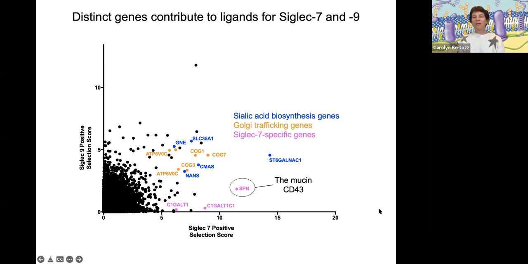And there was one glycoprotein that really stood out as a Siglec-7 specific gene, which was the gene encoding a mucin glycoprotein called CD43, as well as genes that are involved in the biosynthesis of O-linked glycans, which are the glycans that define the mucin structure.